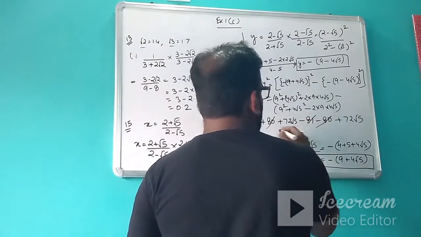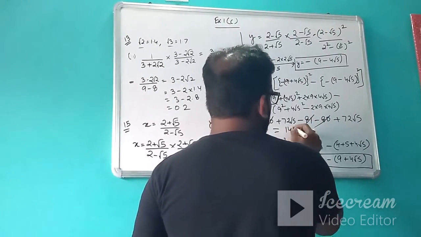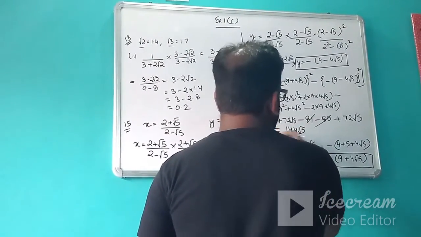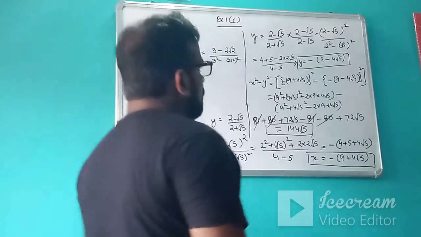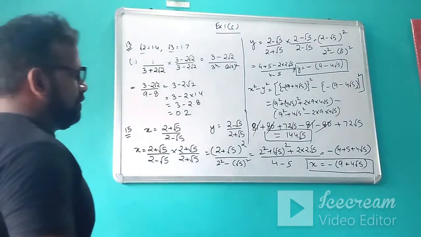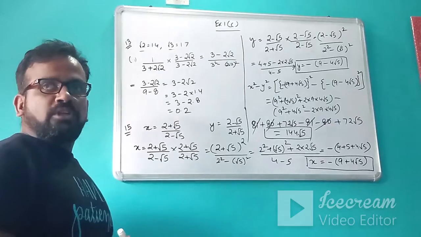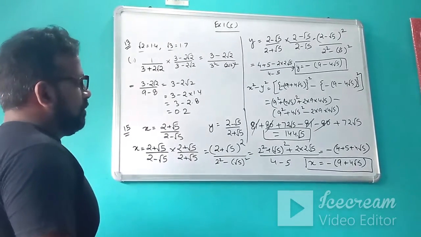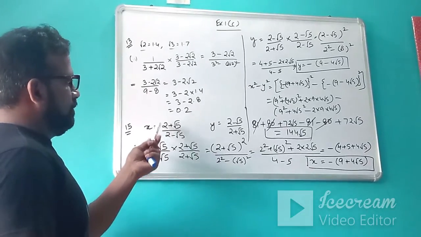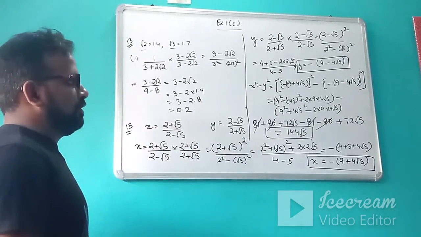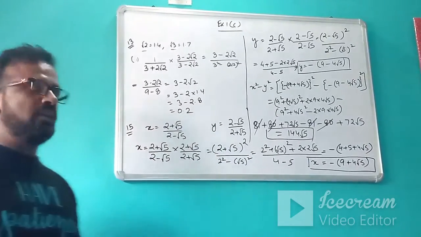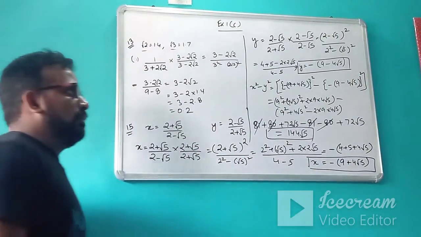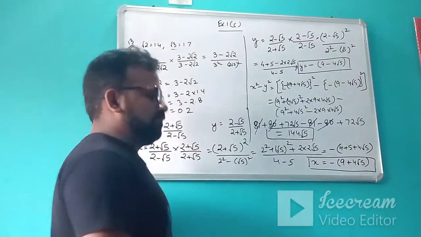So these will be cancelled. You will get 144 root 5. So for questions like this, you first do the rationalization of the denominator, then only you proceed, because if you proceed with these values, the question will be lengthier and you may or may not get the answer.